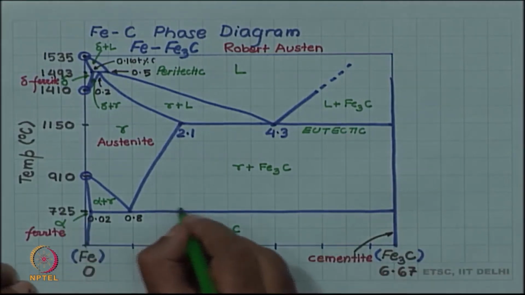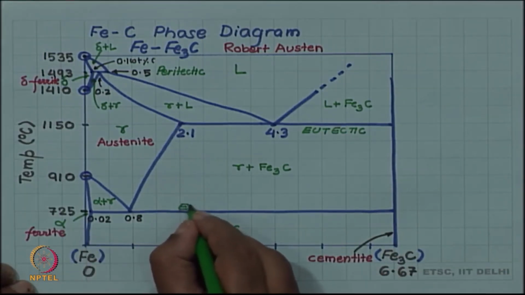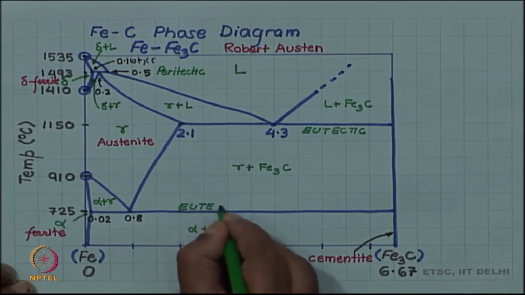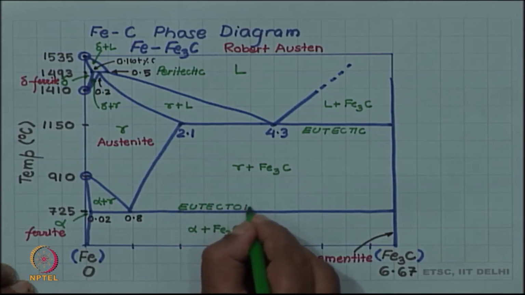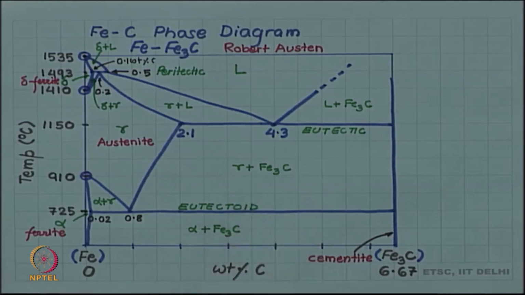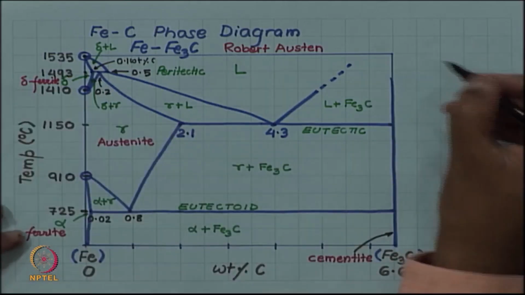And the one happening at 725 is the eutectoid. So, this completes the diagram. We know all the compositions and temperatures, we know different phase regions, we know what phases are present in them, and we know the names of the three important invariant reactions happening in this. Let us write down in full these invariant reactions.